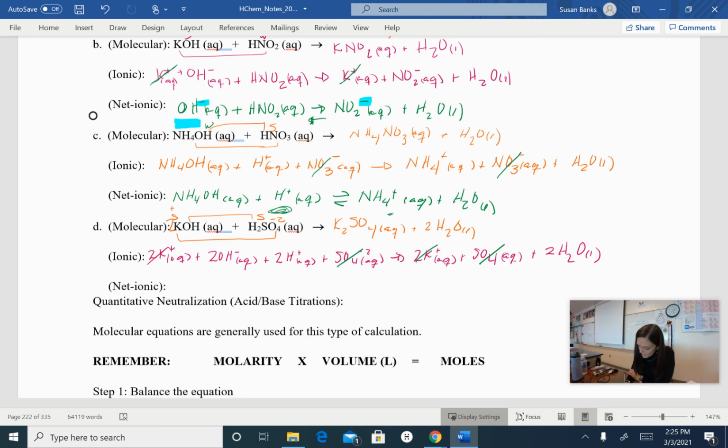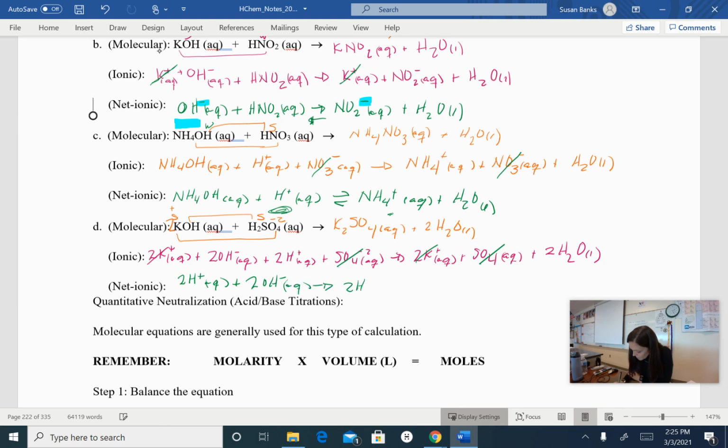So I have 2 hydrogens with 2 hydroxides, making me 2 waters. Now notice, are these the lowest coefficients that I can possibly have?